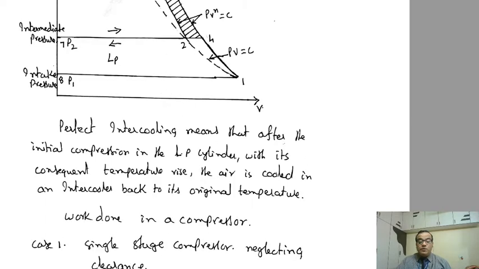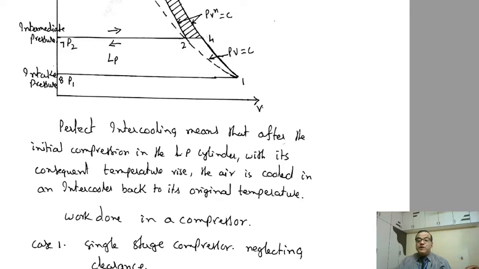So perfect intercooling means that after the initial compression in the LP cylinder with its consequent temperature rise, the air is cooled in an intercooler back to its original temperature. What do you mean by that? So the inlet temperature for the first cylinder is T1, let's assume, and the outlet temperature of the first cylinder is T2.